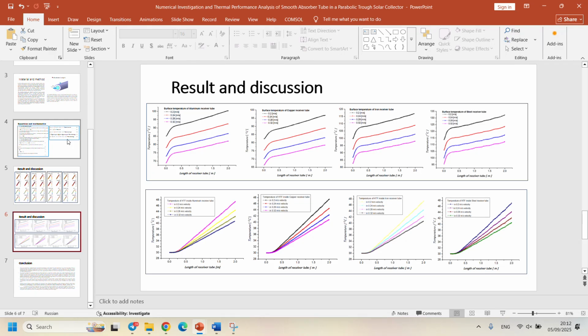From this result, we can analyze that the copper is selected as a good material for the absorption of solar PTS, which enhance the thermal performance of the system.